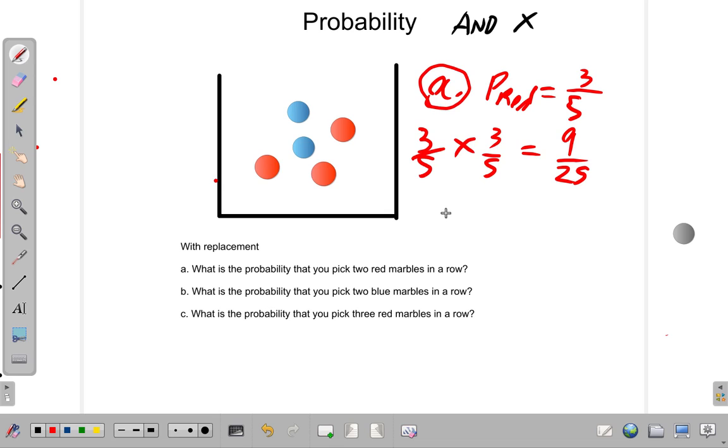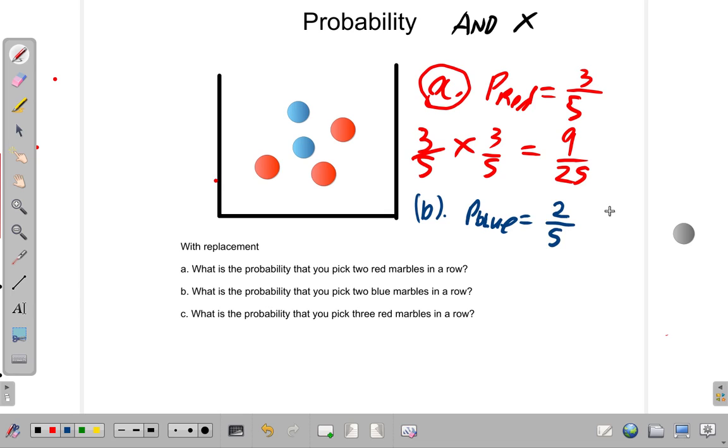Now let's look at part B. The probability that you pick 2 blue marbles in a row is part B. The probability that the marble you pick is blue is, you have 2 blue marbles divided by the total of 5 marbles.